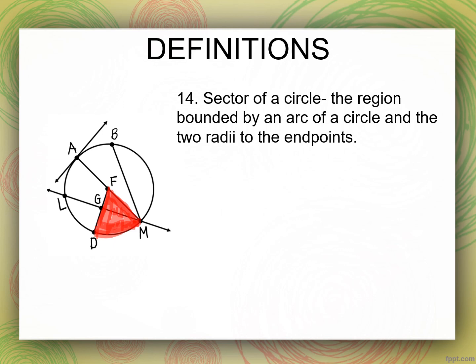Okay. So how do we name this one? We can call this one a sector DFM. Okay, DFM. What are other sectors here? We can also have this part here.